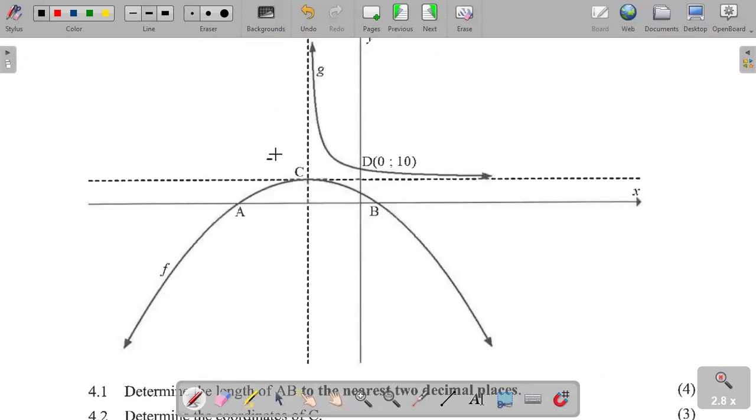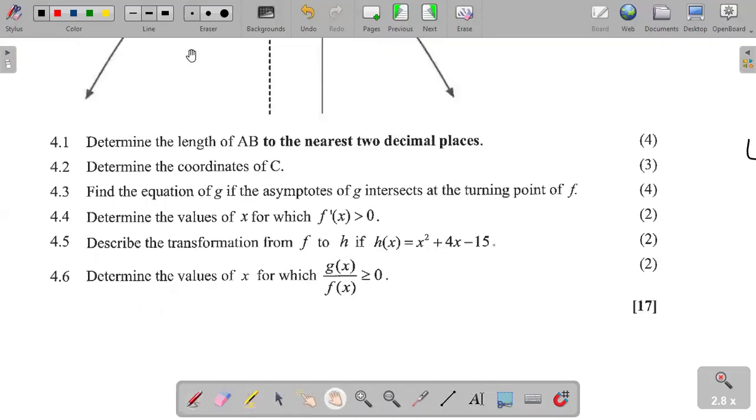So here you have -2 and 7. So before that turning point, the gradient is positive. Right? So it means that all the values where x is less than -2, you see. It means where the gradient is positive, those values are x less than -2. Okay?